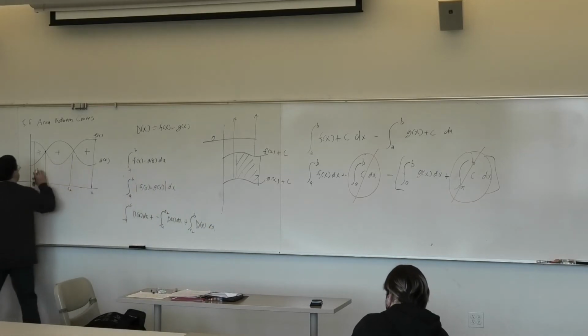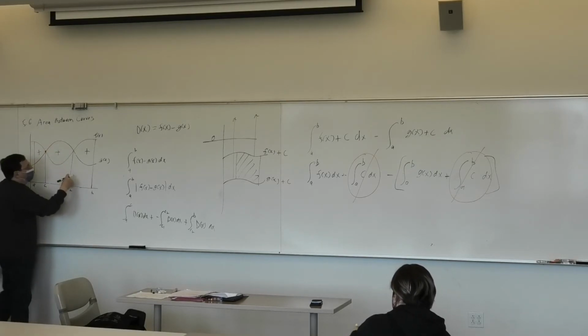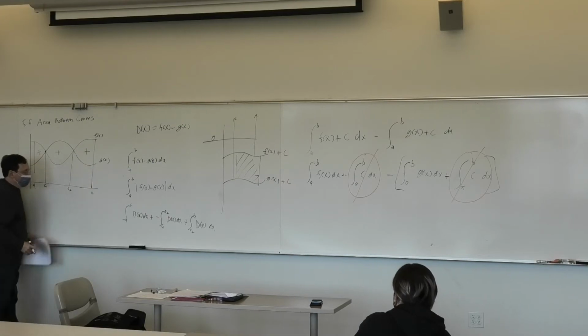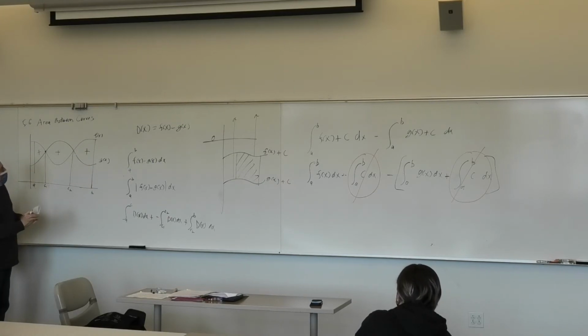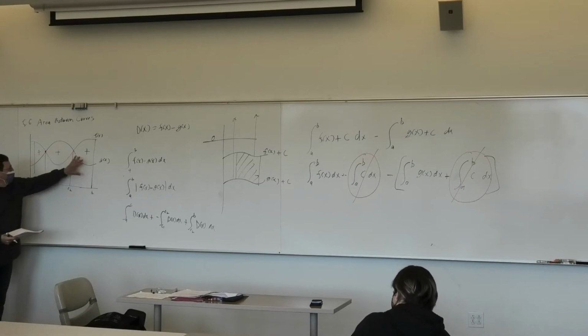So in other words, we add up this value, we get a negative for this area, but we reverse the sign. So that gives us a way to deal with the possibility that these might intersect.